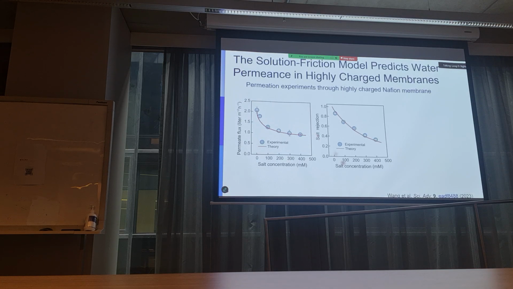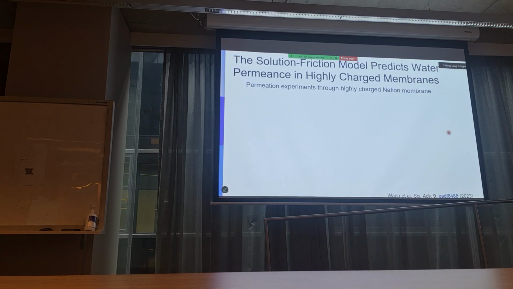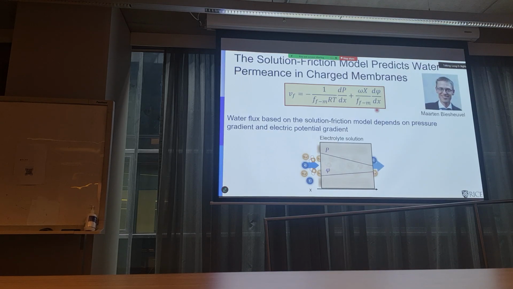We did salt rejection, which was also affected by salt concentration, and we were able to fit the data. Importantly, the water permeance in RO is not a function of the salt concentration, but here we see some dependence because of the contribution of this electric field, which again is negligible for reverse osmosis.